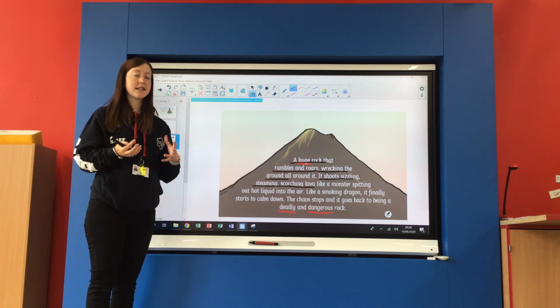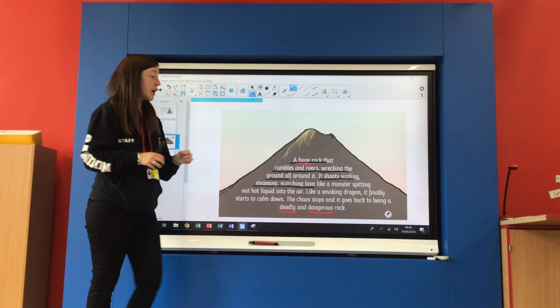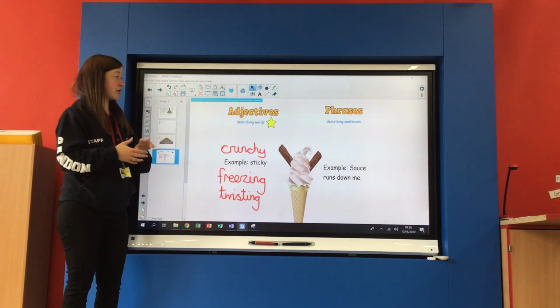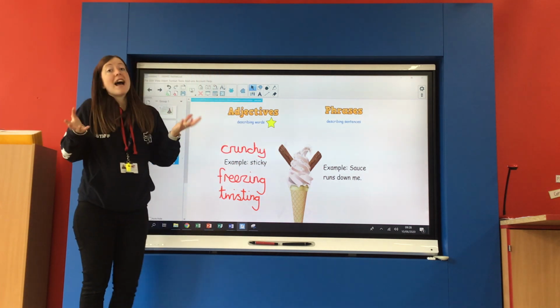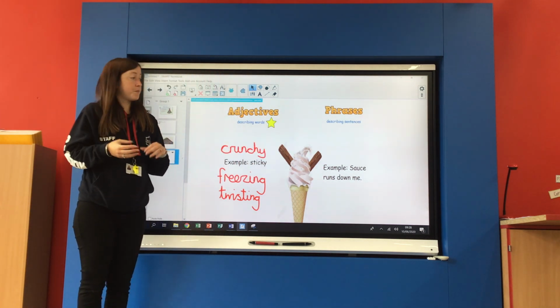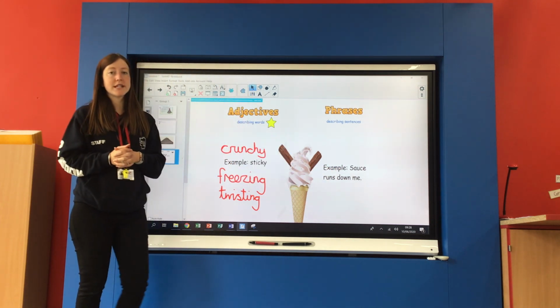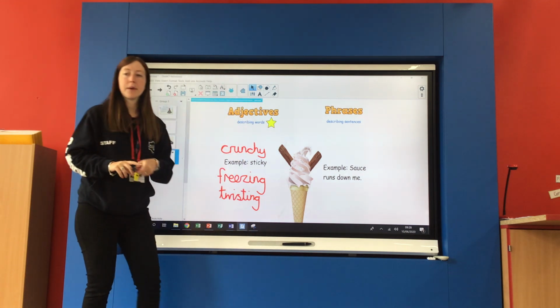These are sentences that describe what the object does. So remember, the object for our shape poem is an ice cream. So we now need to write some sentences that describe what an ice cream does. So Miss Burrows' example was, sauce runs down me. What other sentences could we write to describe an ice cream?